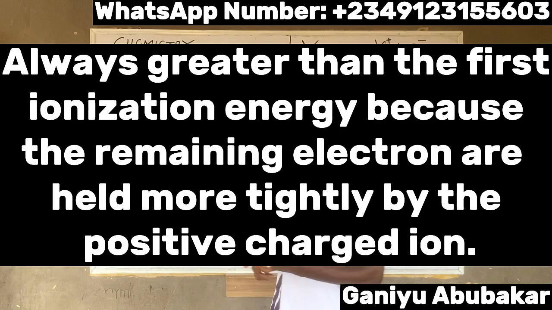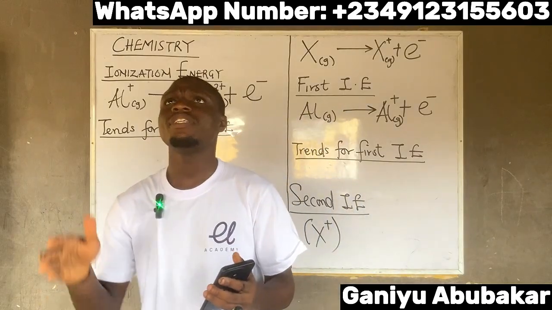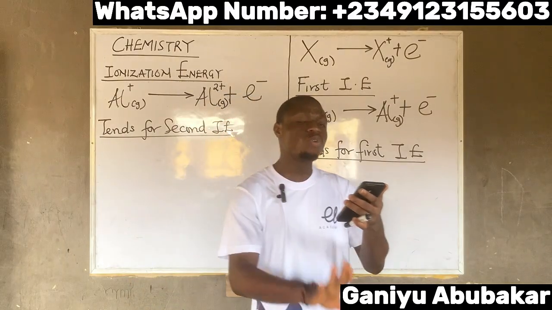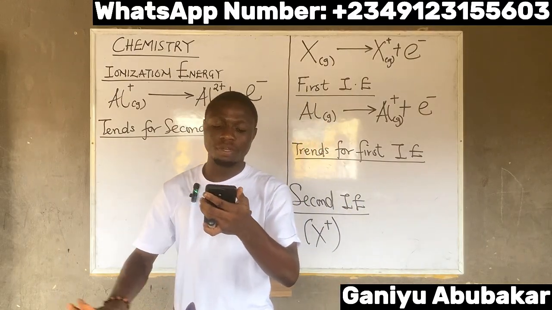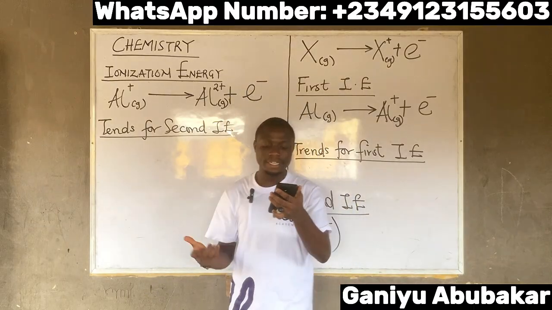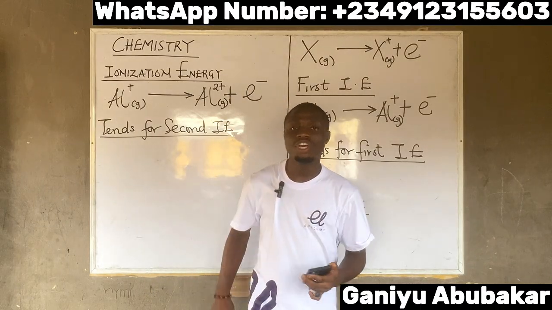That's all. For second IE, there's nothing like it increases down the group or that concept. No. The fact is this: it is always greater than the first IE because the remaining electrons are held more tightly by the positive charge ion.